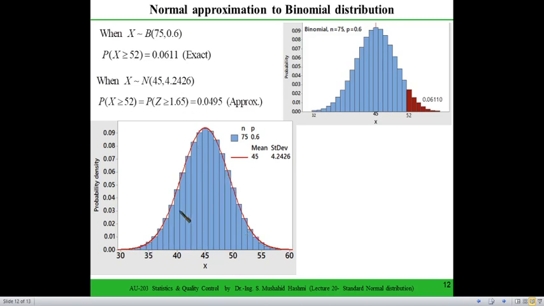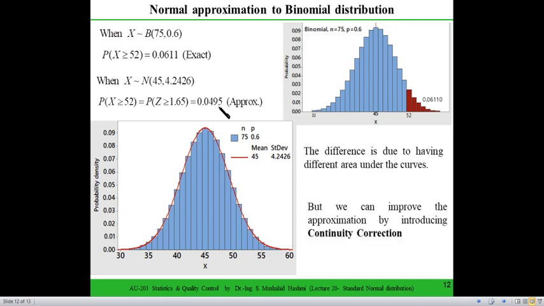But in the binomial distribution, the area is represented by rectangles. The difference in value, 6% or 5%, is only because of the area under the curve in two different types of distributions.